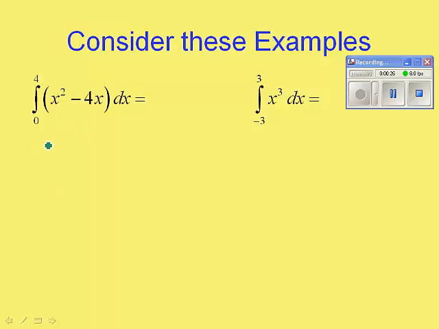So we integrate. What do we get? When you integrate x squared, that becomes what? 1/3 x cubed. I know it becomes x cubed, and I put the 1/3 out front. Is that okay? How about this?